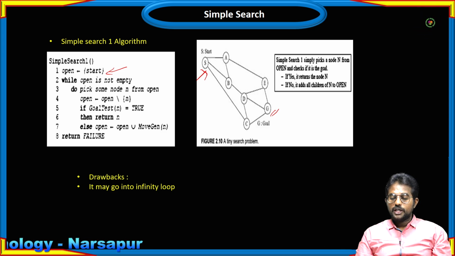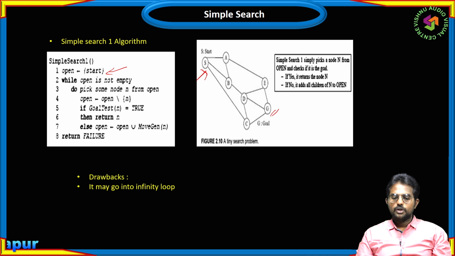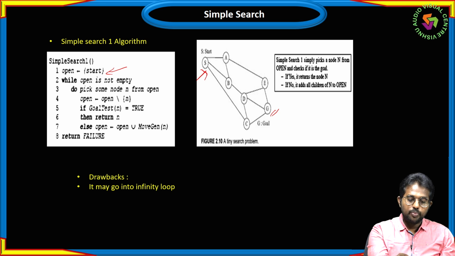Initially, we start from the starting node, so whatever the starting node is, it is passed to the open. Initially, open will have the starting node. After that, we have a while loop from the second statement to the eighth statement.